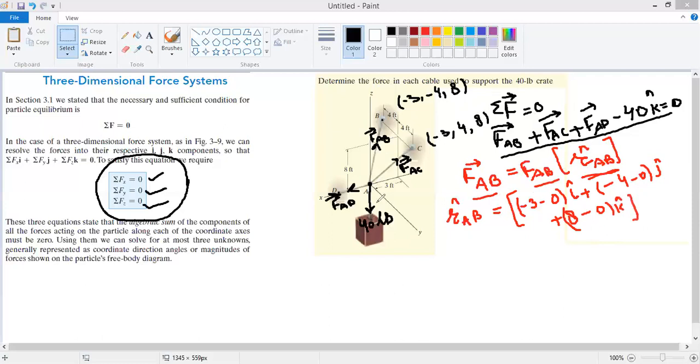This is the vector from A to B, whole divided by the magnitude of this vector.